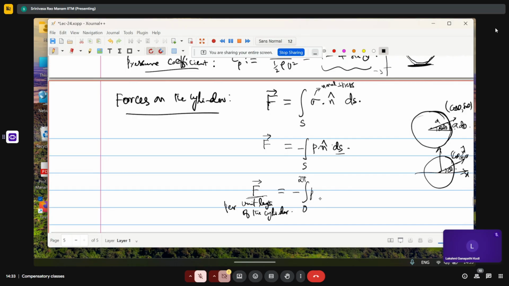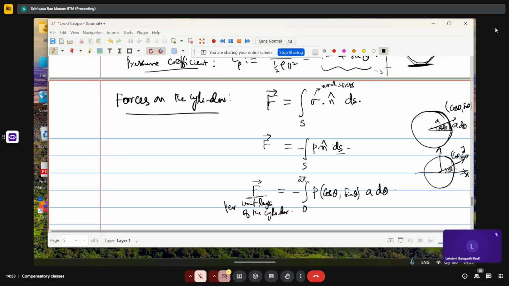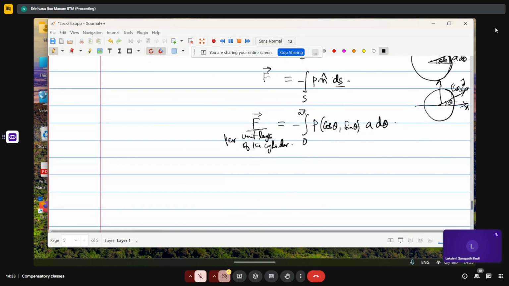So p, okay, let me write neatly. This is the pressure, the normal is cos theta, sin theta, a d theta. So you will have the F x component per unit length of the cylinder.